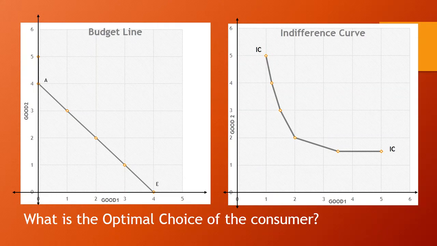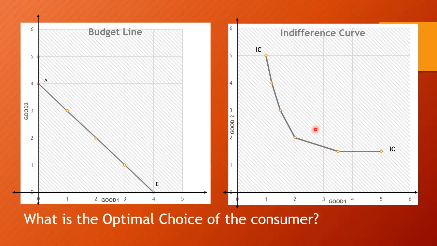Here I have put up before you both the diagrams, that is the budget line and the indifference curve. On the budget line, we express those bundles which cost exactly equal to the budget. Inside are bundles which cost less than the budget. Here, on the other hand, you have the indifference curve.